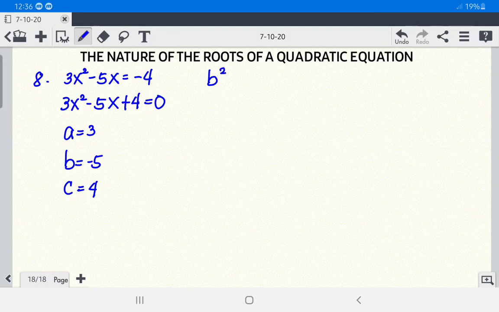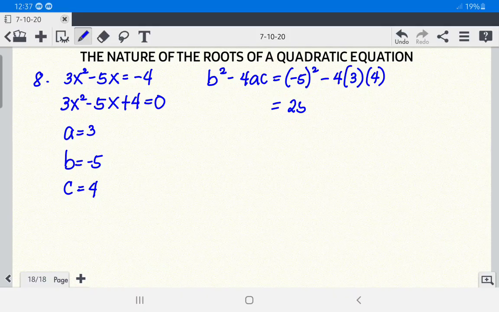Then, using the formula b squared minus 4ac, we have b is negative 5. Then, square it minus 4 times 3 times 4. Negative 5 squared, we have 25, because negative 5 times negative 5 is positive 25. Then, negative 4 times 3, we have negative 12. Times 4, we have negative 48. Then, 25 minus 48, that is negative 23.